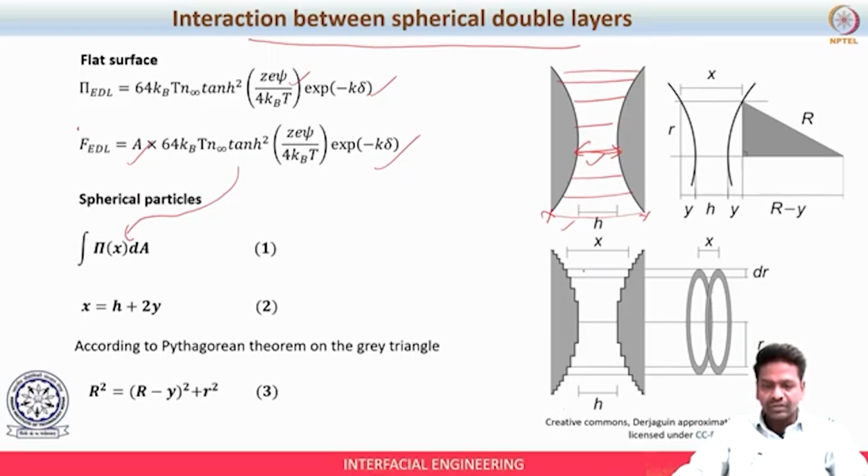Because when you consider this as a flat surface, for each and every small tiny flat surface, you can say that the separation distance is not varying due to curvature, right, because this is considered to be a flat surface. More precisely, you can call it a flat disk, because this is coming out of the curved surface.